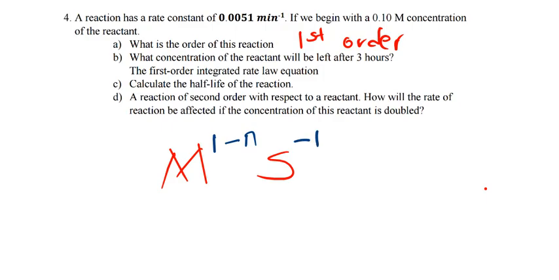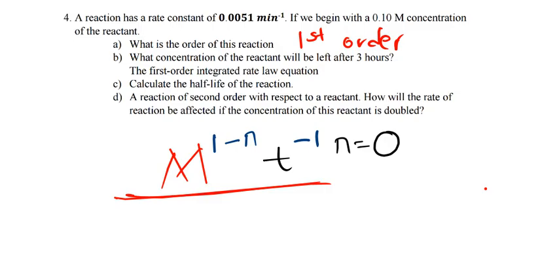So to find the units for K, just substitute. N is the overall order of the reaction. So the second negative represents time. It may be seconds, it may be minutes. Let me just put T negative. So in this case, if you try for zero order, let's start with 0. If n is equal to 0, the units are going to be molar per second.